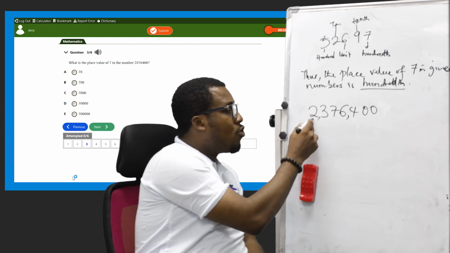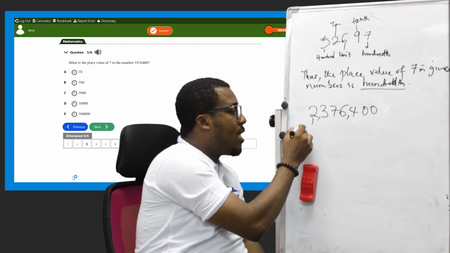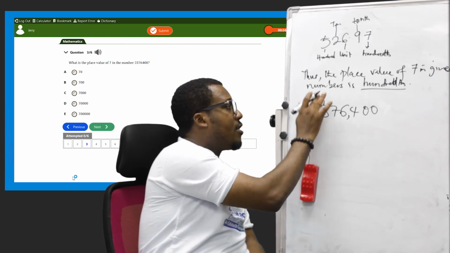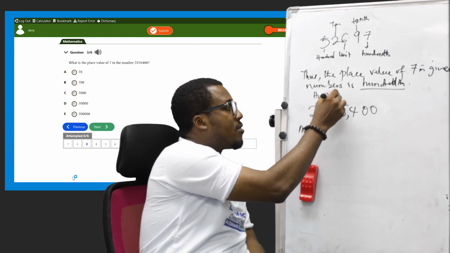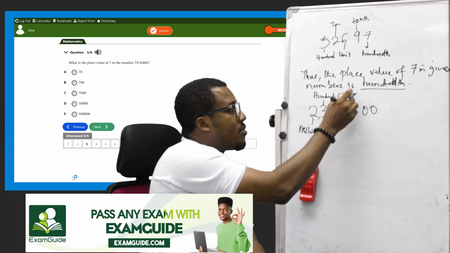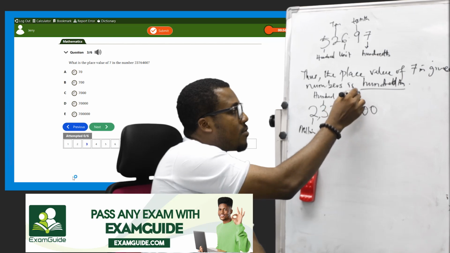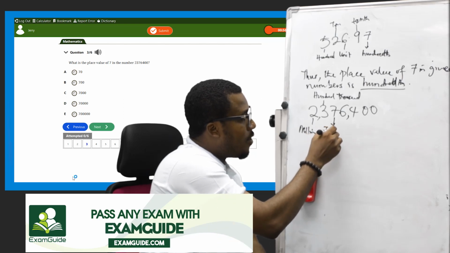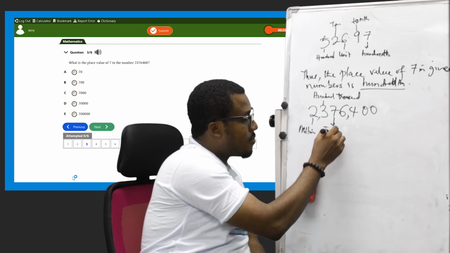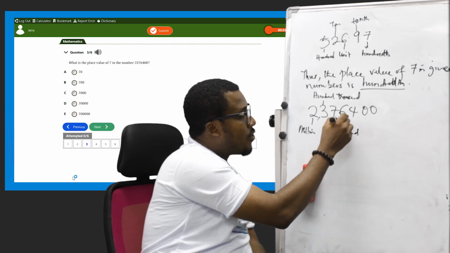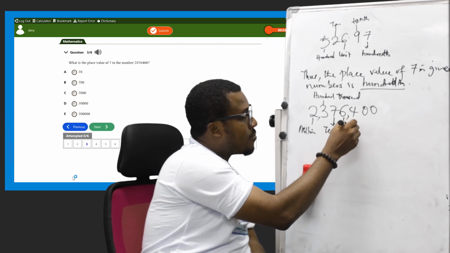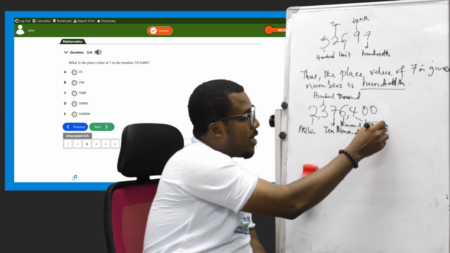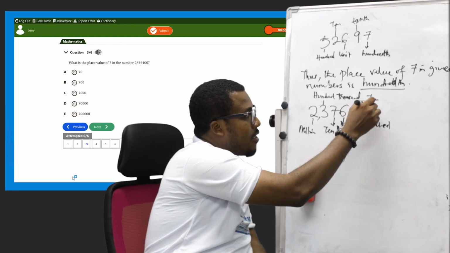It tells me that 2 standing alone after 6 digits will become 1 million. 3 is hundreds of thousand, 100,000. 7 now is under tens of thousand, 10,000. 6 is under thousand. 4 under 100. And then we have 0 as 10, 0 as units.